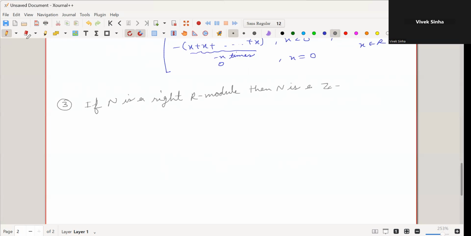Same, you have the R module structure from the right. Here also the R module structure will come from the right, and Z will give you the left module structure. So it will be a ZR bimodule. Earlier we had an RZ bimodule because R was giving the module structure from the left. Here R will be giving the module structure from the right. So it will be a ZR bimodule.